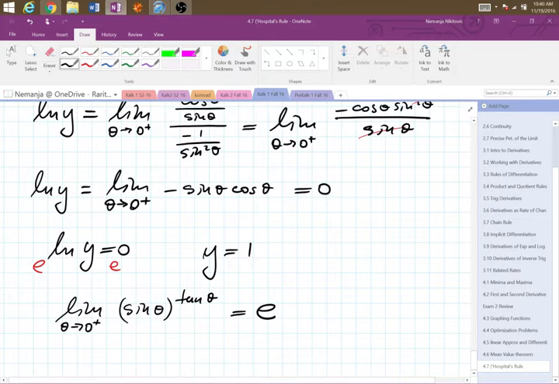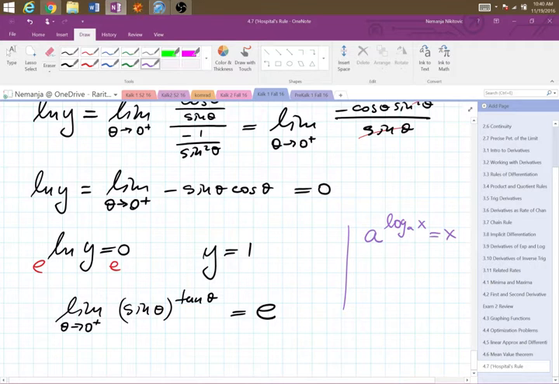Can you explain that last step? Just the e-ing both sides. e and ln are inverses of each other. You can solve that in two different ways. There is a formula in Precalculus which says a raised to the log base a of x is equal to x when bases are the same.